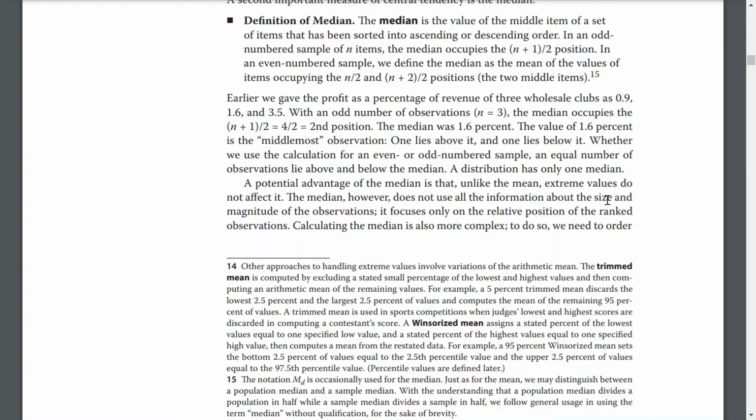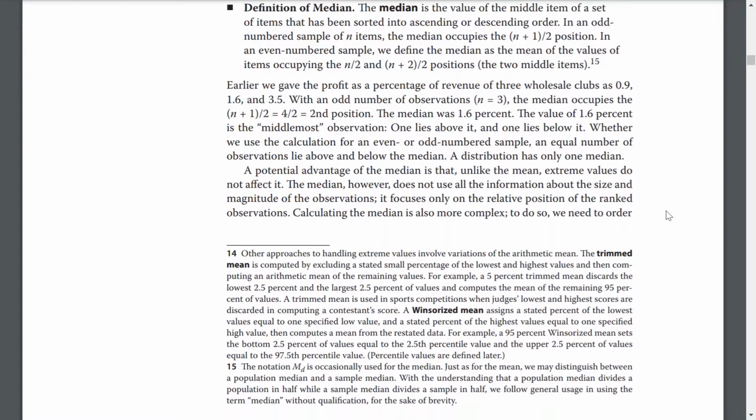Whether we use the calculation for an even or odd number sample, an equal number of observations lies above and below the median. A distribution has only one median. Extreme values do not affect it. The median, however, does not use all the information about the size and magnitude of the observations and focuses only on the relative position of the ranked observations.